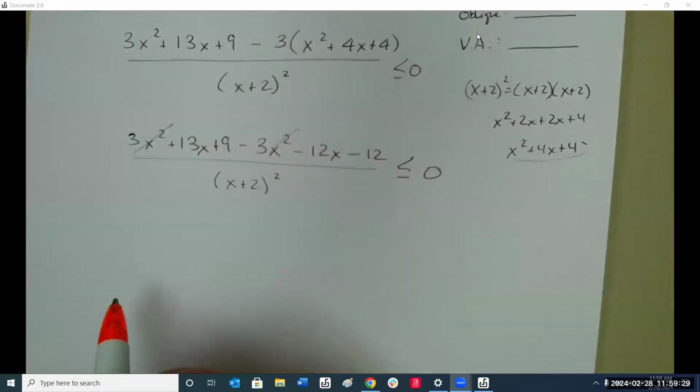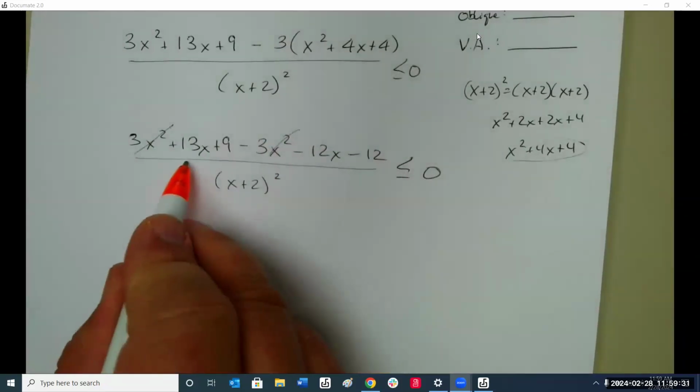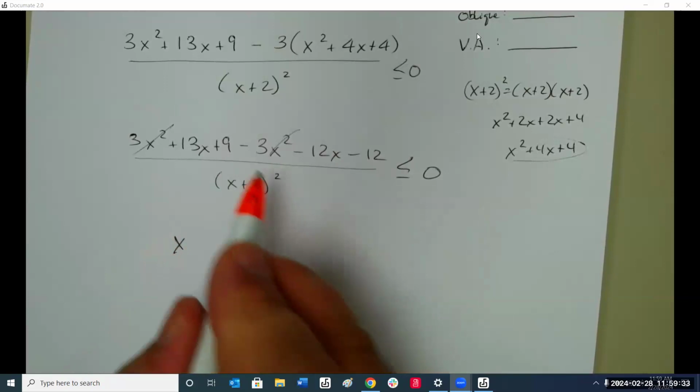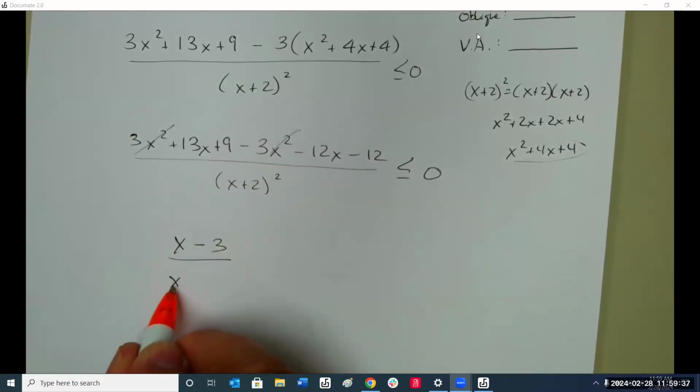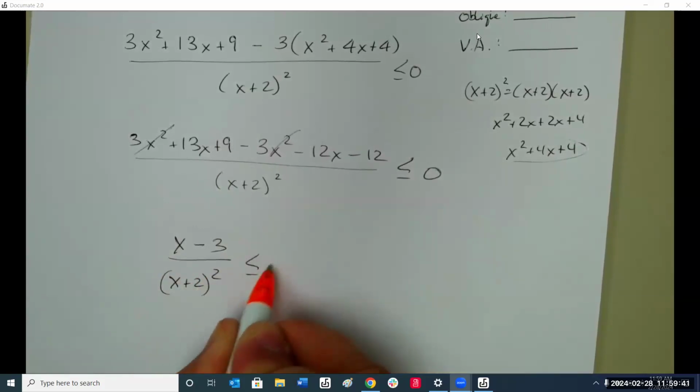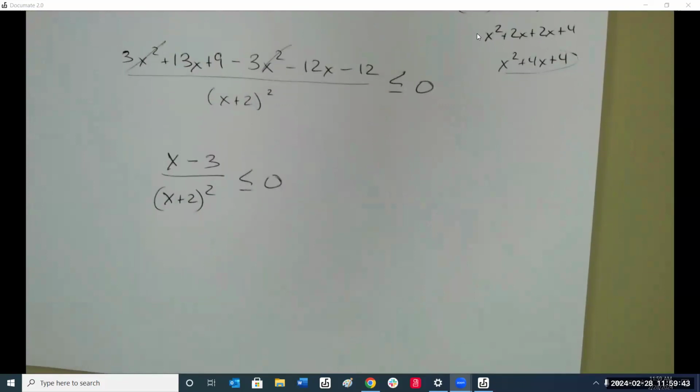The 3x squareds cancel. 13 minus 12 is x. 9 minus 12 is negative 3. Looks a lot nicer now.